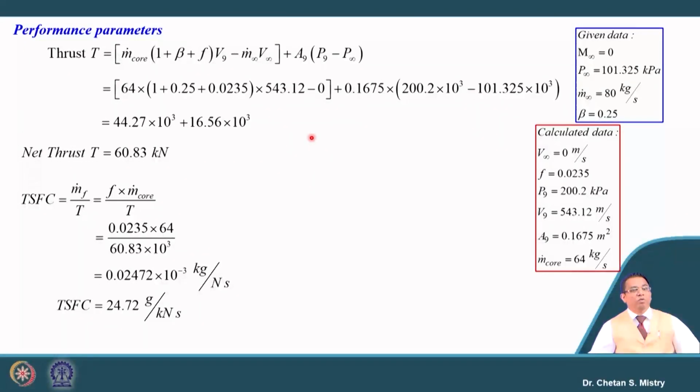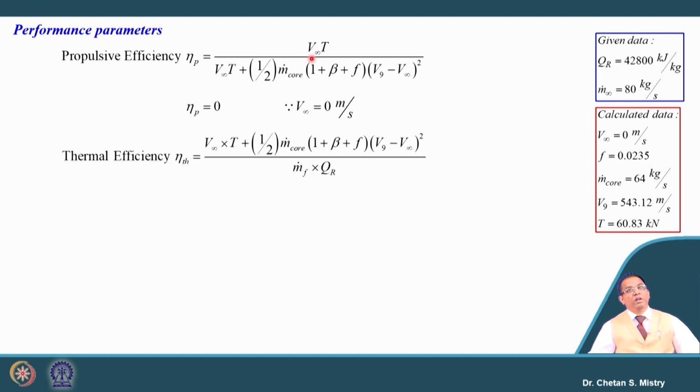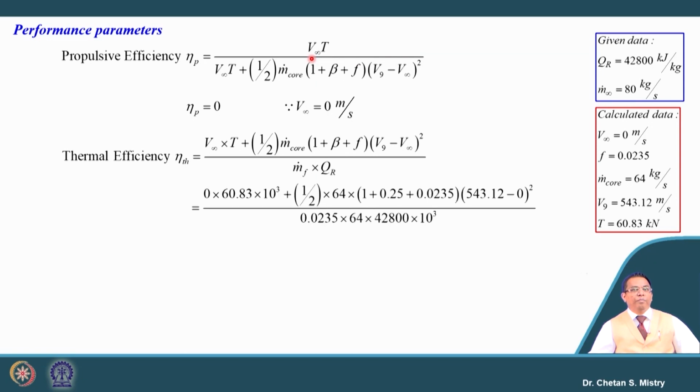Okay. Now, we will be calculating our efficiency. Propulsive efficiency we correlate in terms of V infinity into thrust. Since my V infinity is 0, we will have our propulsive efficiency to be 0. Similarly, when we calculate our thermal efficiency, putting this as a number, we have our V infinity, which is 0.